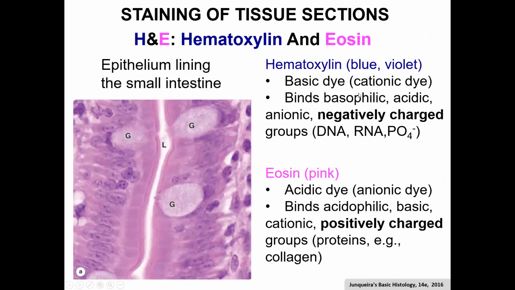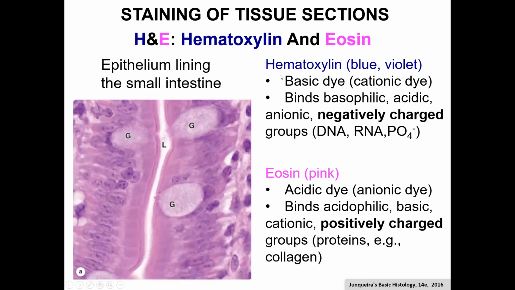However, to really be able to look at the structures present in a specimen, one needs to use special stains. I mentioned already that the H&E stain, the hematoxylin and eosin stain, is the most frequently used to stain a tissue section. There are two stains present in the H&E stain. One is hematoxylin, which has a blue, violet color.